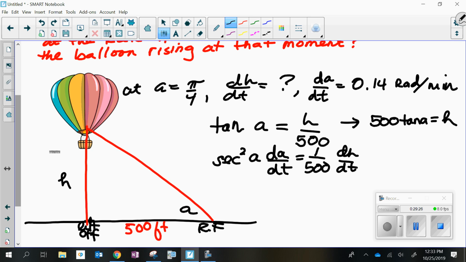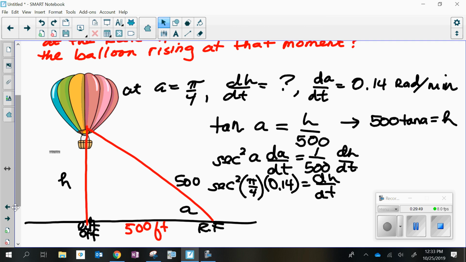Okay, so now we're ready to plug in. A is pi over 4. dA/dt is 0.14. And we're going to end up taking the 500 over here to solve anyway, aren't we? A lot of times you will, but not always.